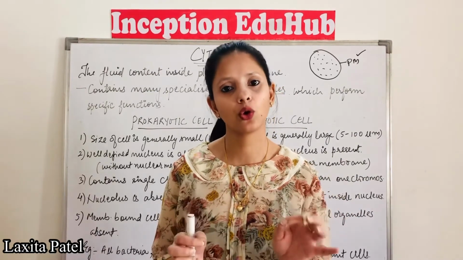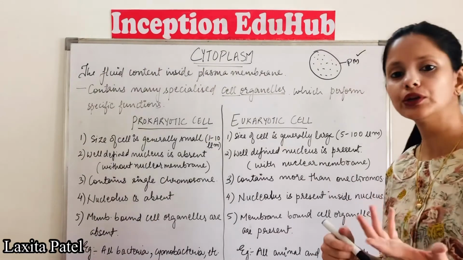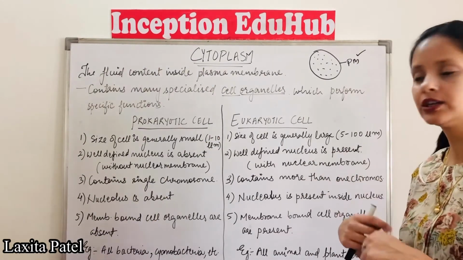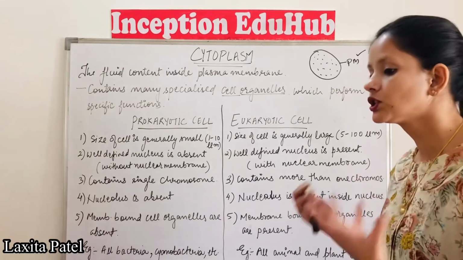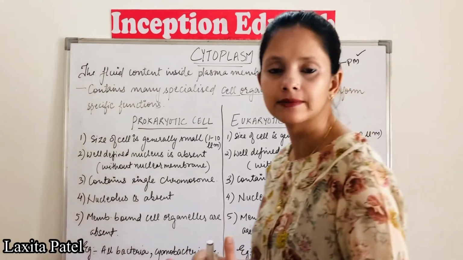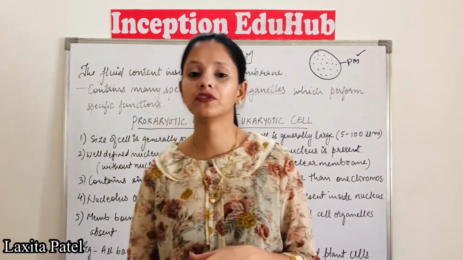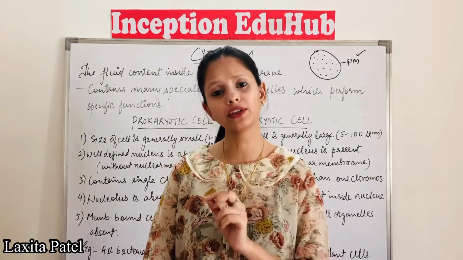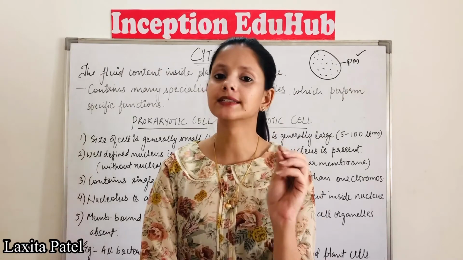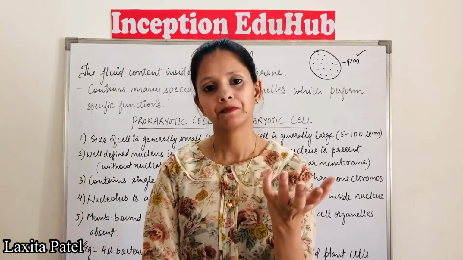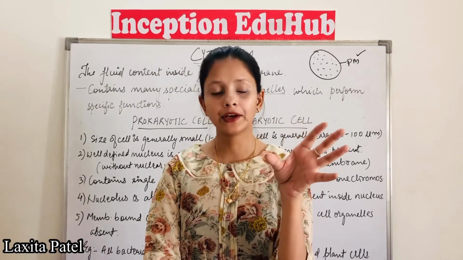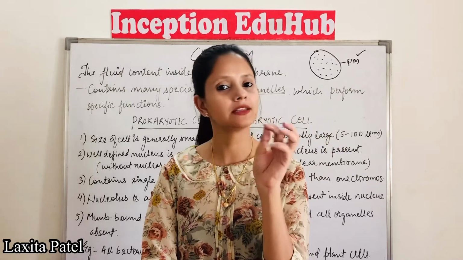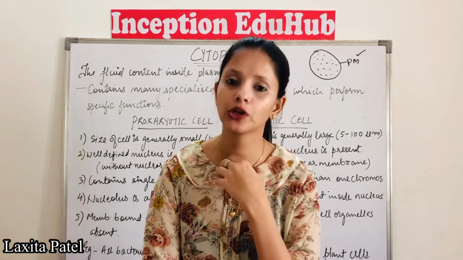Okay, micrometers. Second point to distinguish between the prokaryotic and eukaryotic cell is the presence or absence of nucleus. I told you in the previous lecture when we were discussing about the nucleus, जो प्रोकैरियोटिक सेल्स होते हैं उनके पास वेल डिफाइंड न्यूक्लियस नहीं होता. They only have their nuclear material suspended inside the cytoplasm which we call as nucleoid.